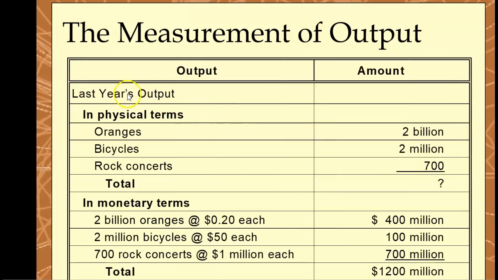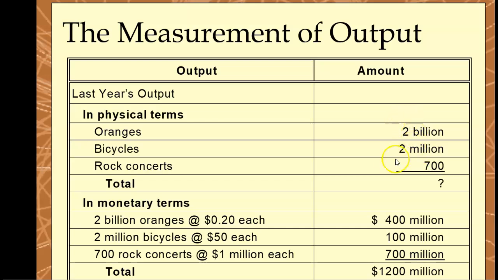You could see here, if we just count physical items, oranges, bicycles, rock concerts, okay, well that's 2,200,000,700 items. But that's not really going to give us an idea of how much activity it took, because it takes more activity to put on one concert than it does to produce one orange.